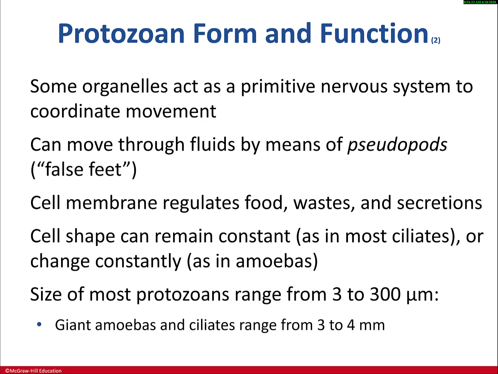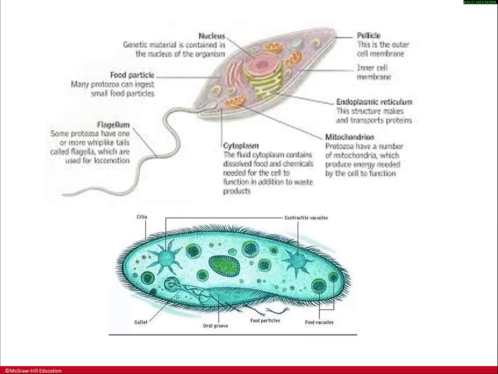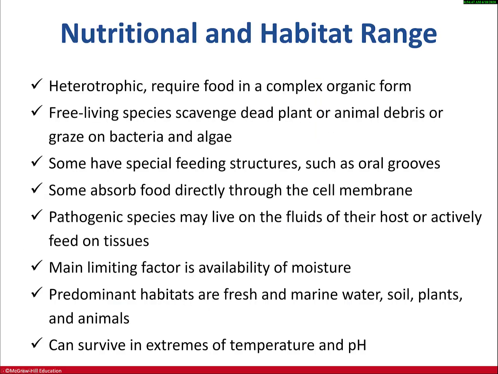Some of the giant amoebas can be pretty large, but you can see food particles, flagellum, nucleus, pellicle, endoplasmic reticulum, mitochondria. You can see pretty much these in protozoa. The oral groove pulses these hairs, it moves in for feeding and digestion on the inside.